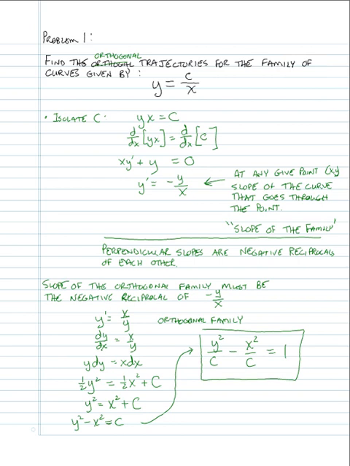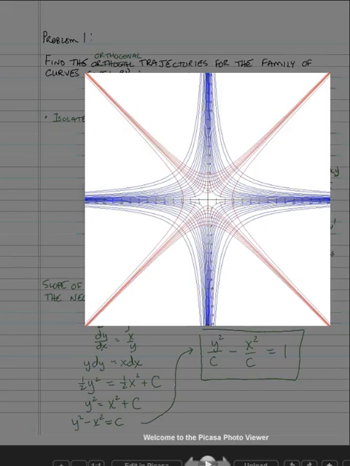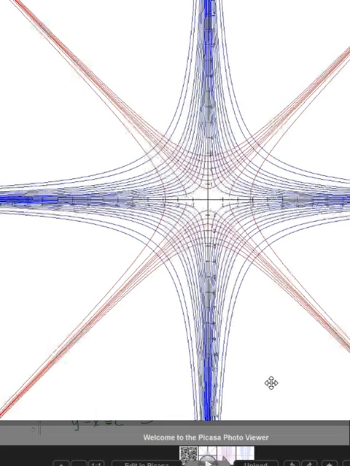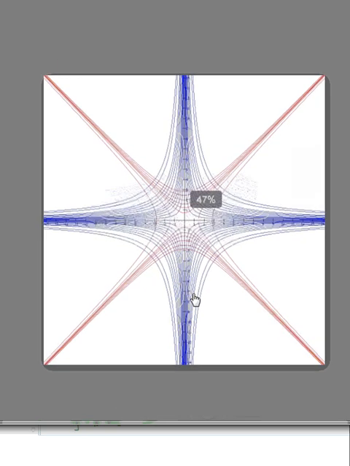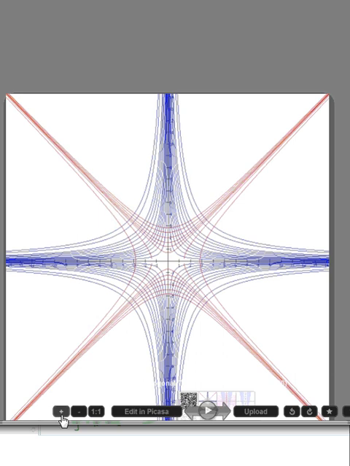In fact, let me pause here and bring up a diagram, if you will, of these two families. You can see here I'm trying to get it into this picture so that we can see them.